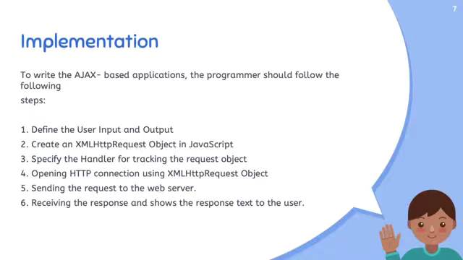Third, we need to define a handler which is used to track the request object. Fourth, we need to provide a connection approach for your XMLHttpRequest object. Fifth, we need to send the data from the client machine to the server machine. And sixth, on receiving the data we need to process it and display the response to the user.